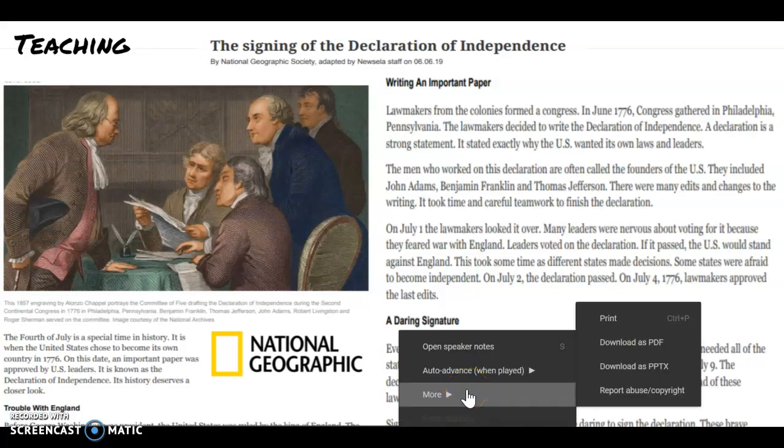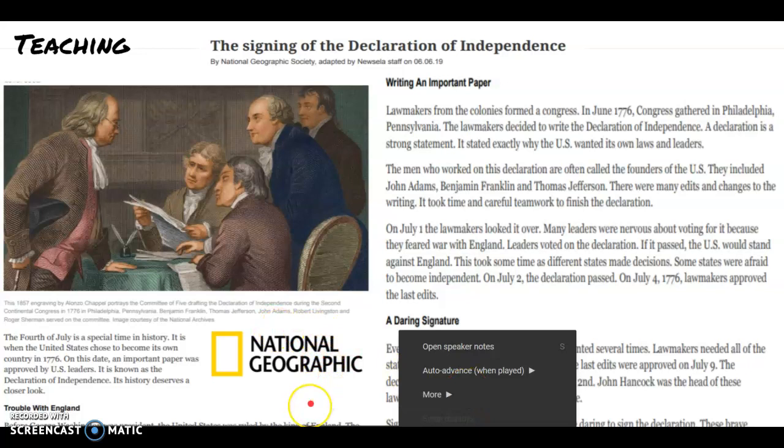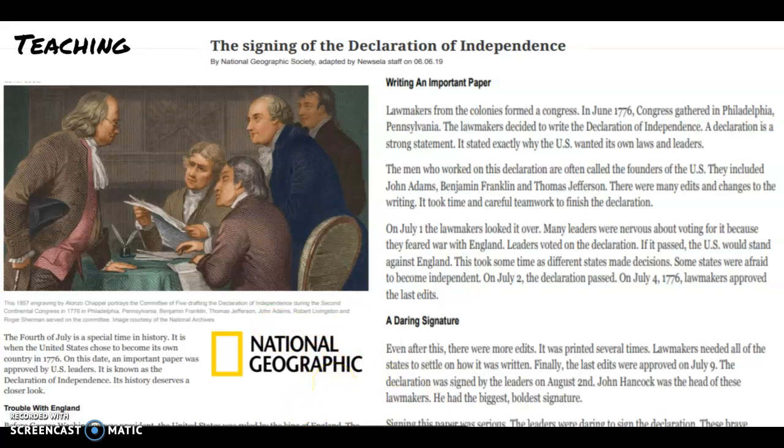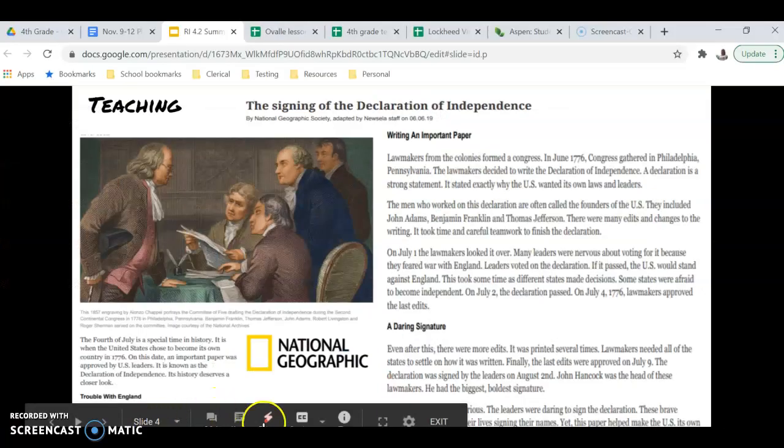More. Okay. Well, you guys that are in here are going to have this printed for you so that you will be able to highlight the text with me. Just trying to see. This is my first time, you guys. There's a way I can do this. So, I don't see it.